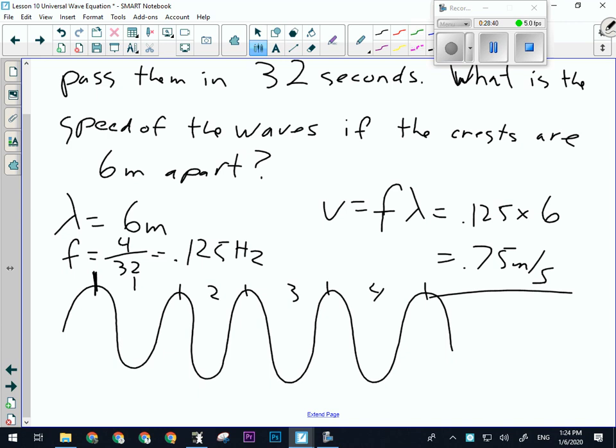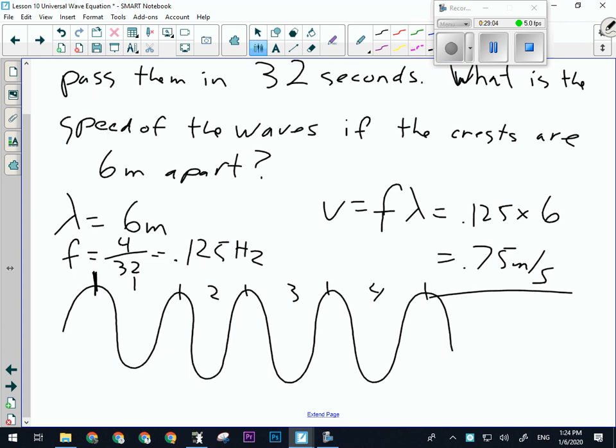Now, other things the question might tell you could be that you're dealing with a radio wave. How fast is a radio wave traveling? Very fast. How fast specifically? A radio wave is an electromagnetic wave. Electromagnetic waves travel at the speed of light, not sound.